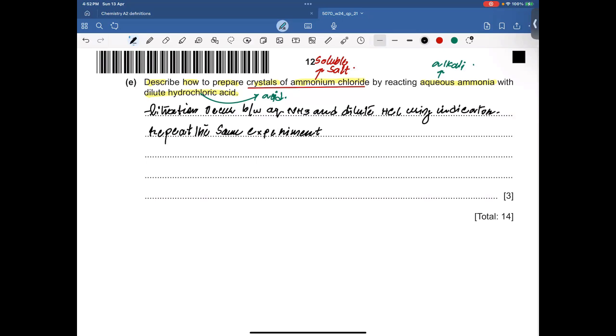Repeat the same experiment without using an indicator.